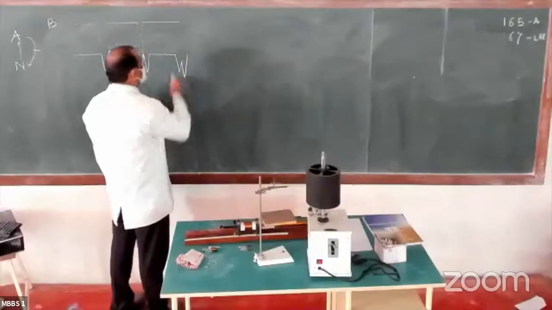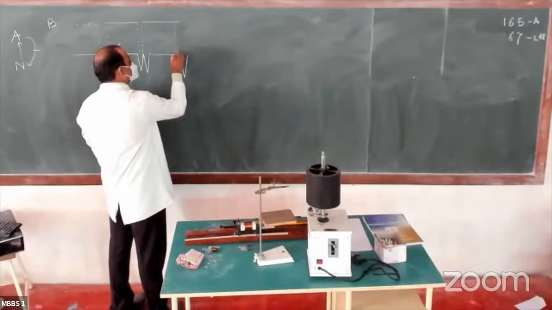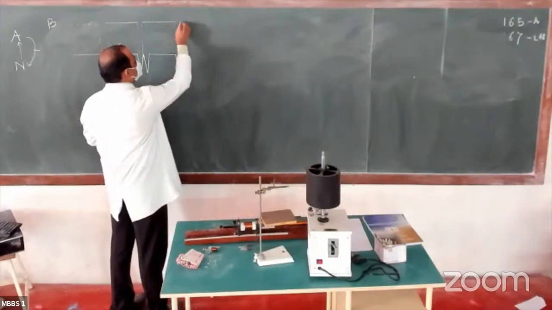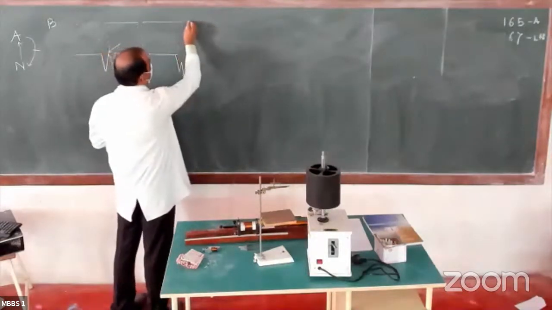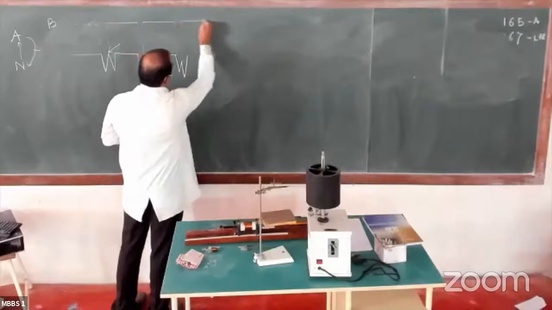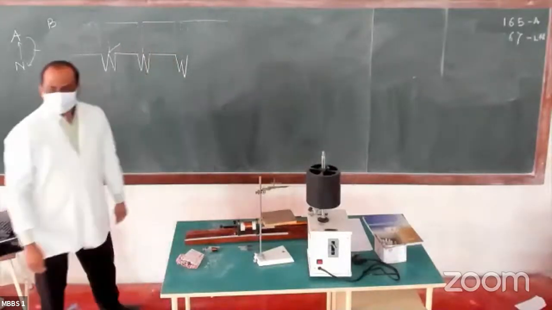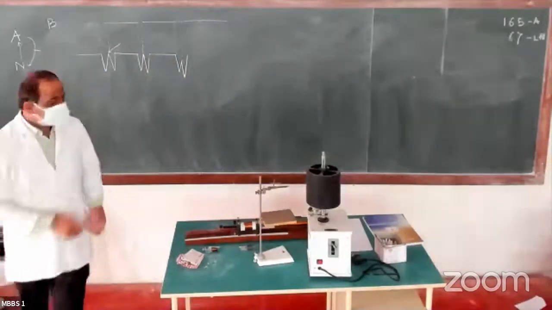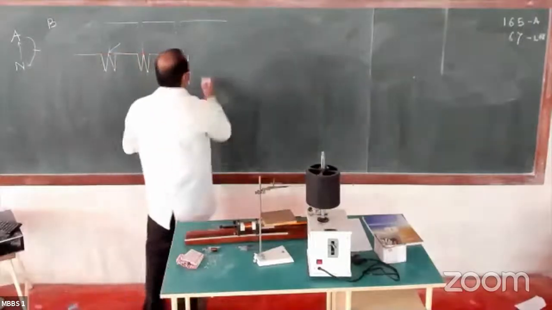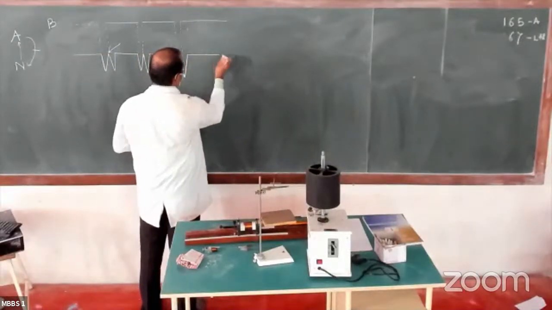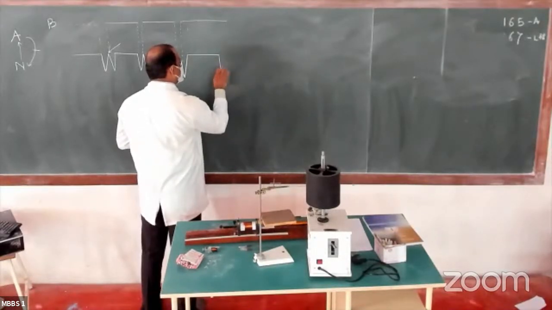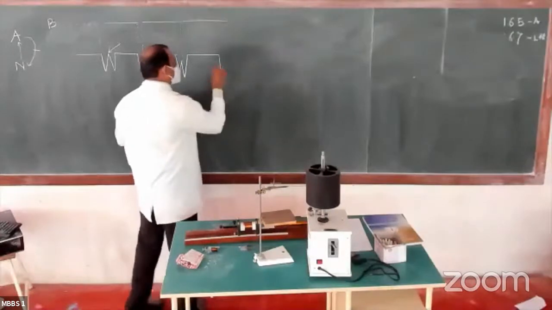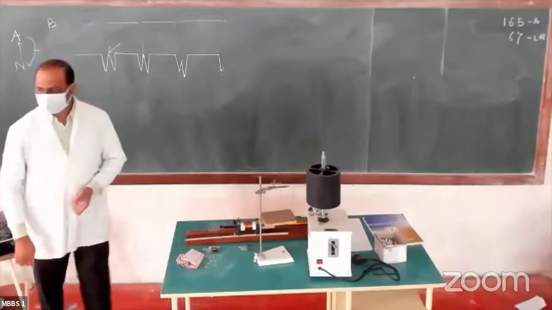And you have to show this is the effect of the first stimulus. This is the effect of the second stimulus. Understood? Then the second stimulus falls just at the start of the relaxation.